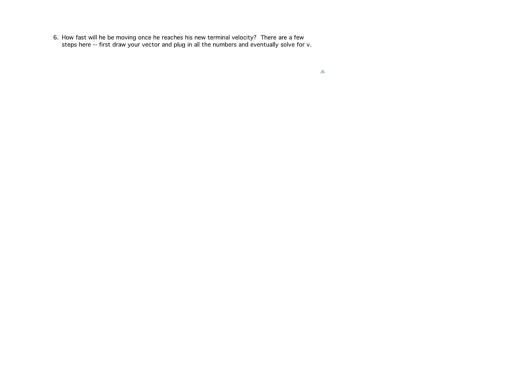And lastly, we're almost done taking notes here. It says, how fast will he be going once he reaches the new terminal velocity? So again, you want to be using this new equation with the parachute open. F air is 150 times V, so that's the equation you want to use. And the key word here that you want to think about is terminal velocity, and what did we learn about that before?